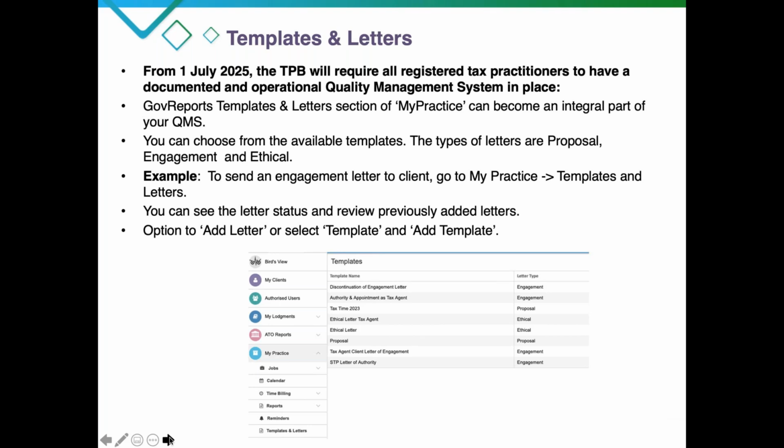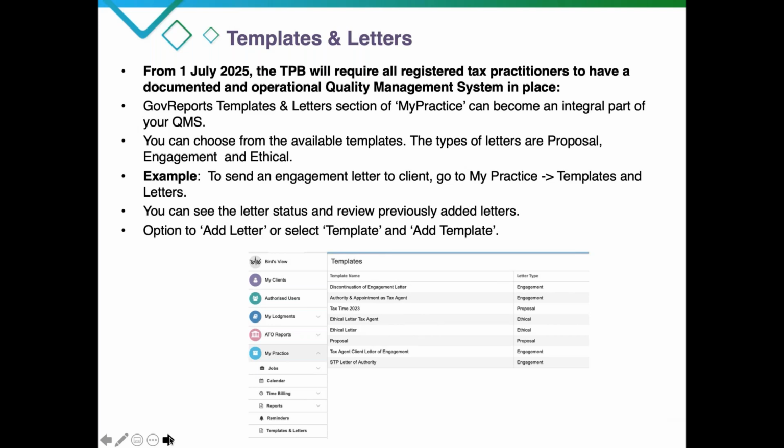You can make templates for all the different documents that you need and have them within GovReports, so that when you send them other things for signature, you can also update them with those ethical letters or with your engagement letter, if you do that every couple of years, or you add addendums to your engagement letter.